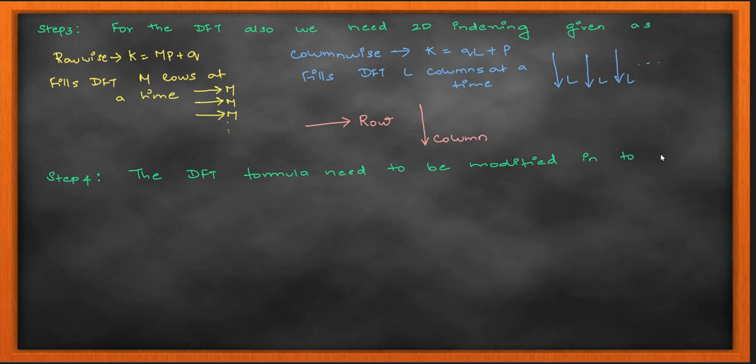Step 4 is that the DFT formula now needs to be modified. The DFT formula, which is for the unfactorized signal of length n, must now be modified for signals of length with factors L and M. We need to adapt our algorithm to this factorization and make sure that through this factorization, two things are achieved.